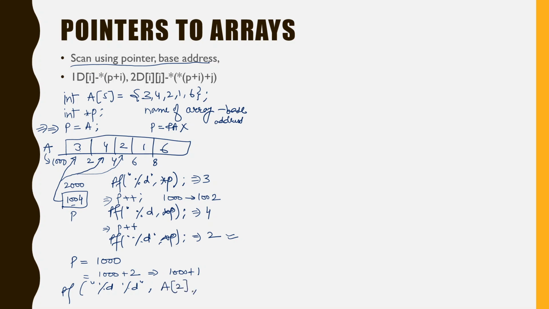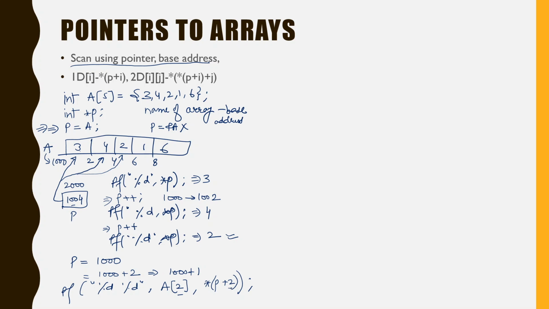This a2 can be directly printed without incrementing, like this: p plus 2. The index that you want to access, you have to take as an increment in this.